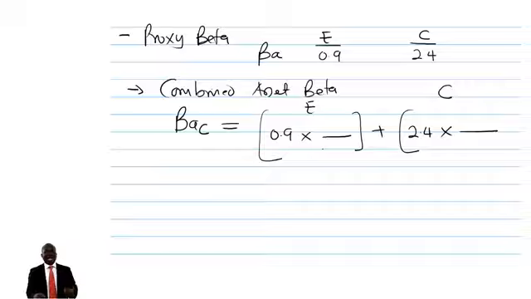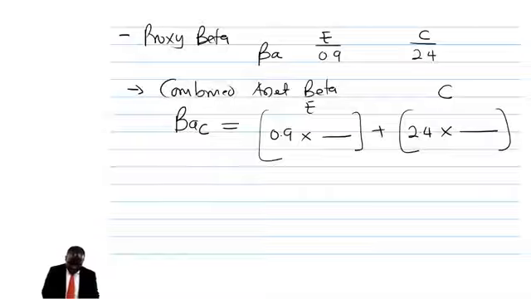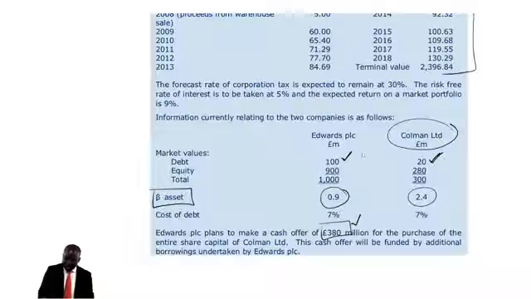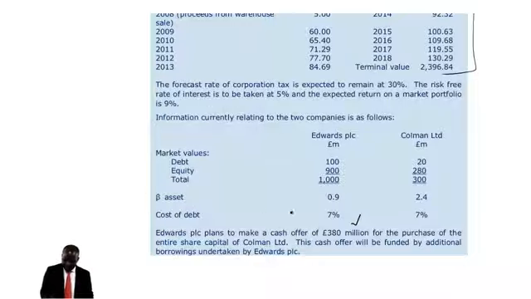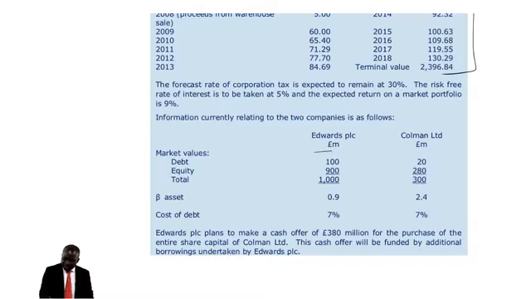What are their current market values for each of the two companies? When we come to the question, the total market value of Edwards is given to us. The total market value of a company is also called corporate value, and the corporate value is value of equity plus value of debt.